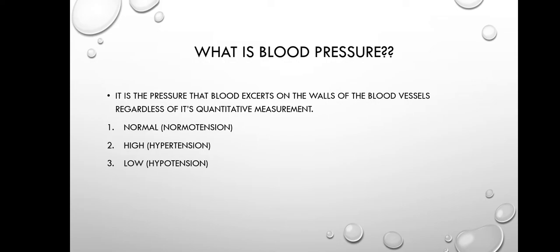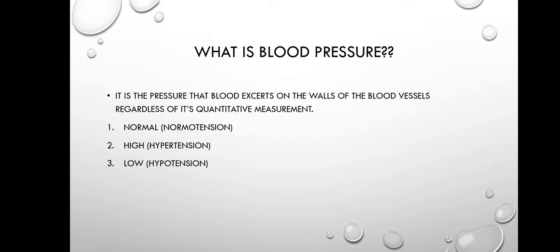Always understand the range of the optimal: less than 120 millimeters of mercury systolic and less than 80 millimeters of mercury diastolic. It will do no harm to also understand what is referred to as the normal and the high normal, where you can talk of ranges of 120 to 129 systolic and 80 to 84 diastolic. And to what extent do we regard this as hypertension, which we did in our previous lecture?